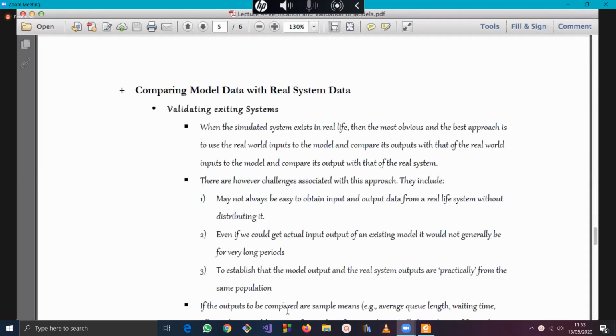That is also what we call the long run challenges, which leads us now to part 3: that to establish that the model output and the real system output are practically from the same population is not possible also.